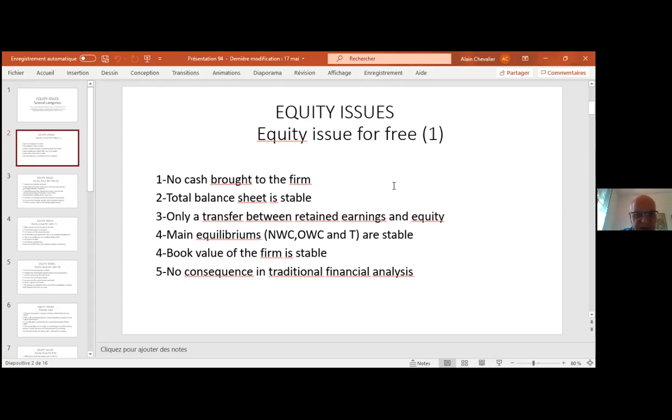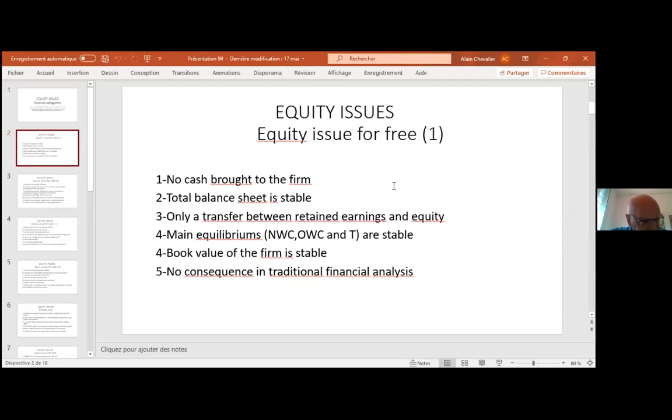But as a CFO, you can issue new shares for free. If you have a look at point 1 here, there is no cash brought to the firm. There is just an increase in the number of shares. So, of course, you will ask why do that, and we'll try to answer this question.